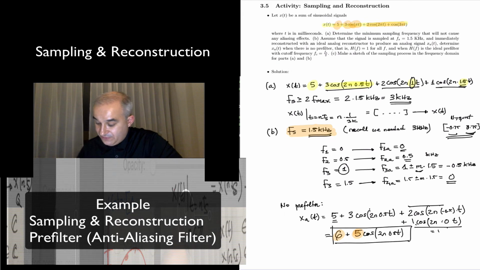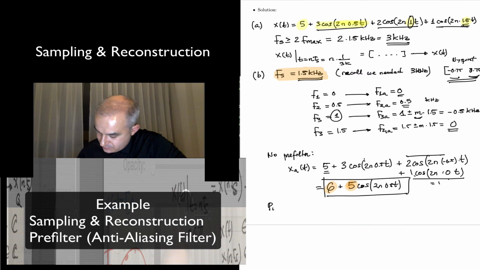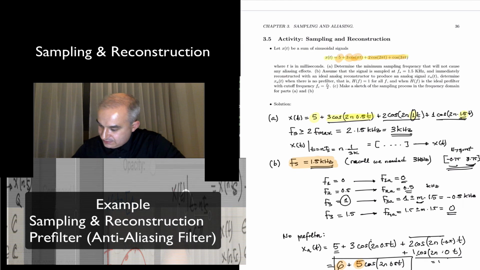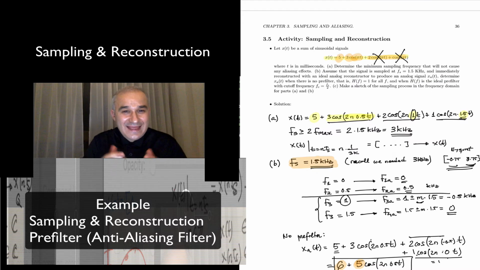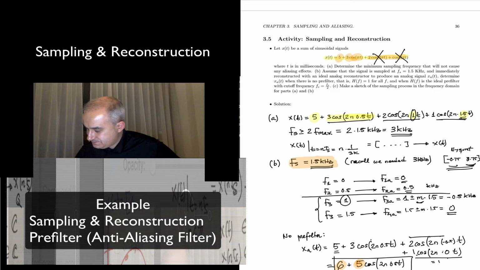Well, it is better to prefilter. If you prefilter, what you are doing is cutting this component and this component, meaning any component that will alias, anything above half the sampling frequency, anything above that 0.75, you eliminate it. You use an analog filter, a pre-filter, an anti-aliasing filter to eliminate the alias component.